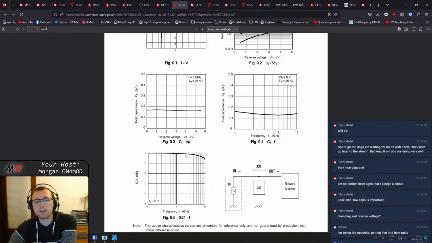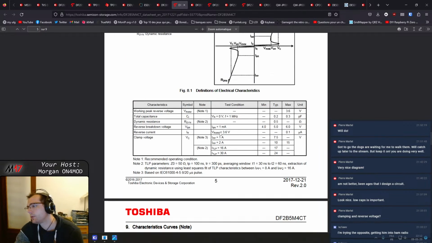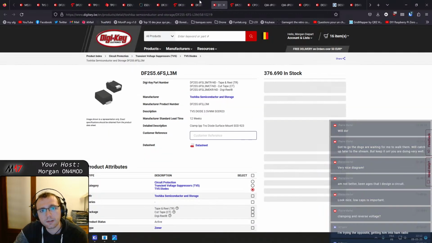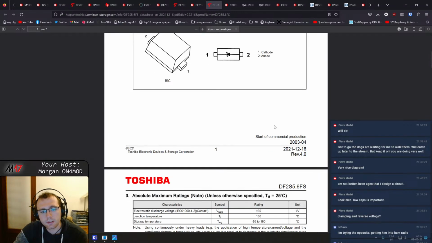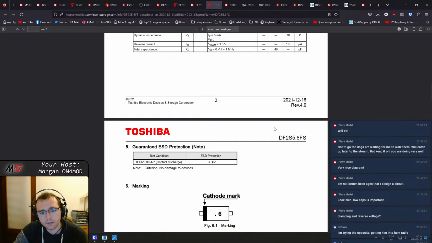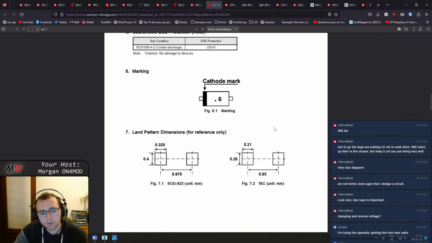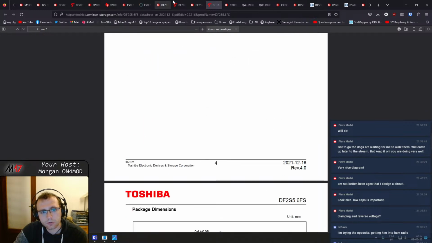Okay, it would attenuate the signal at 2.4 gigahertz by about 0.1, 0.15 decibels, which is not too much, so it's okay. We could accept that. So this one is very, very small too. This one, what package is it? Yeah, it's also very small.